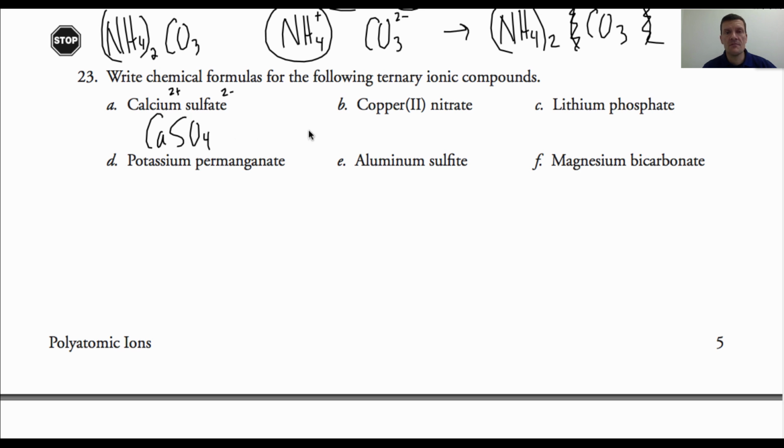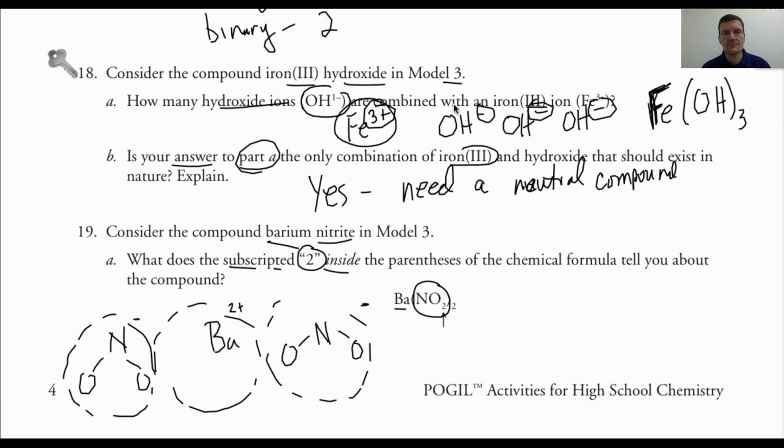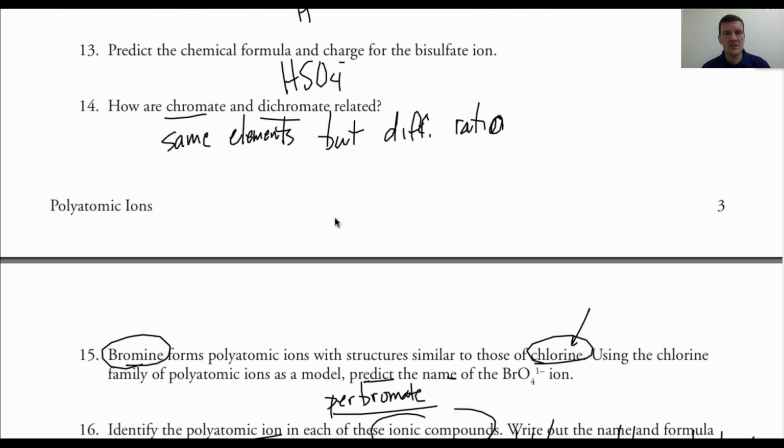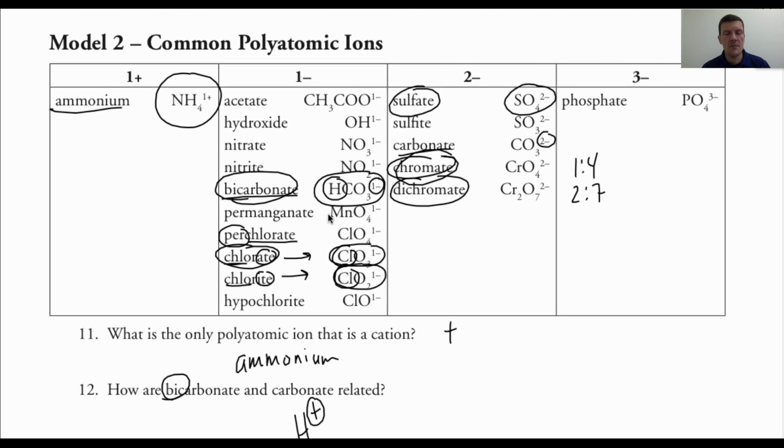around the sulfate. Copper 2, so that's going to be a 2 plus. Nitrate is a -1. So nitrate, you can always refer to our table here, common polyatomic ions. Here's our nitrate, -1.